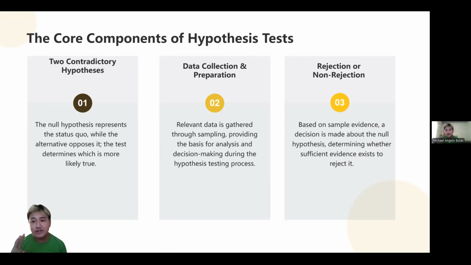Those are the two contradictory claims that we have. We have the null hypothesis, which is the status quo, or the normal assumption, and then we have the alternative hypothesis, which is your claim that something happened or changed.